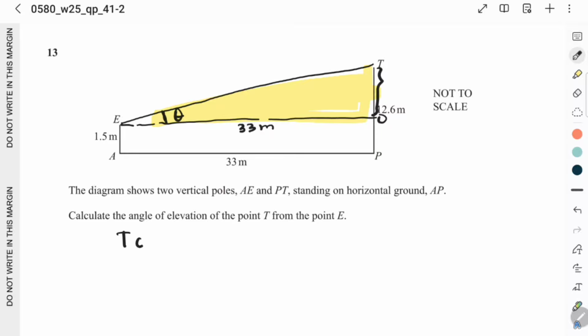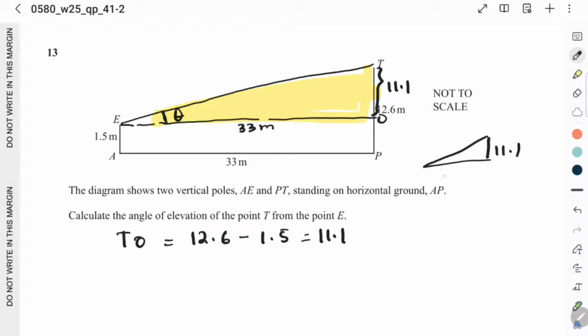So TO will be equal to 12.6 minus 1.5, that is equal to 11.1. So this is 11.1, and we have 11.1 and 33, and we have to find the angle. This is opposite and this is adjacent. This is coming in the tan.